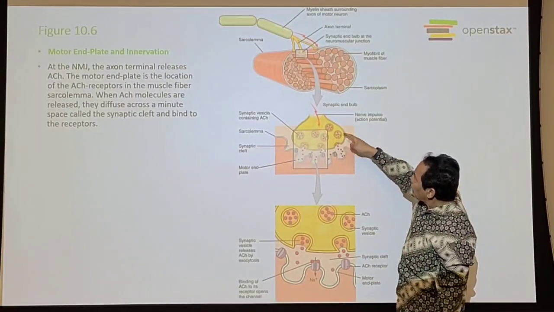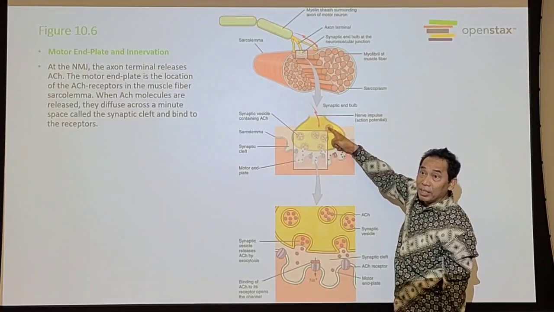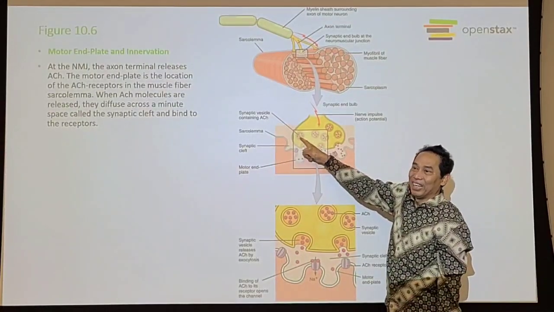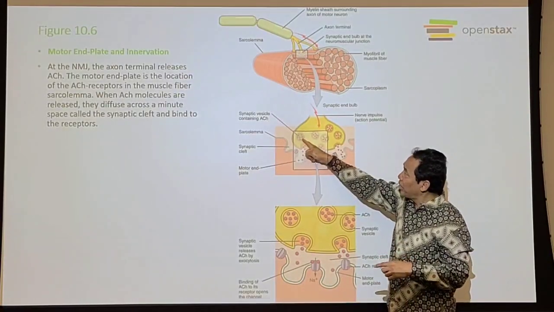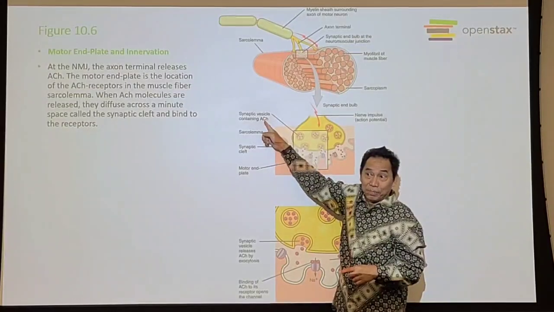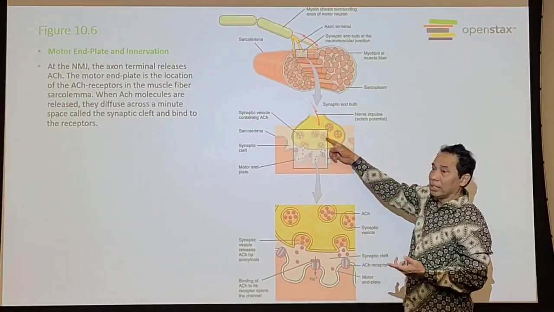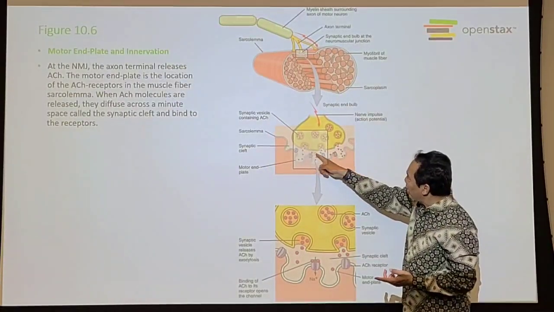And in the axon bulb, you have the vesicle containing the neurotransmitter. The special neurotransmitter that carries the signal to your skeletal muscle is called acetylcholine, ACH, right? Okay, so with the axon, what happened? This neurotransmitter will be released in this area.